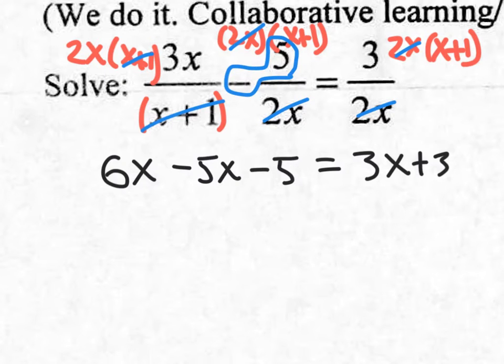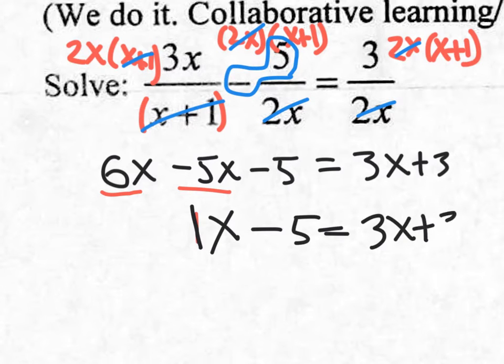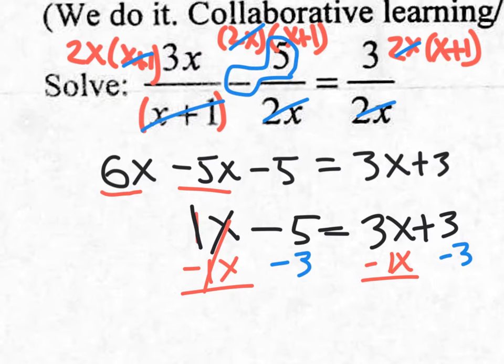I'm going to start first by combining like terms. 6x take away 5x is just 1x. So 1x minus 5 equals 3x plus 3. Let me move that 1x by subtracting 1x, canceling it out. I'm going to do two steps in one, and also subtract 3 from both sides.